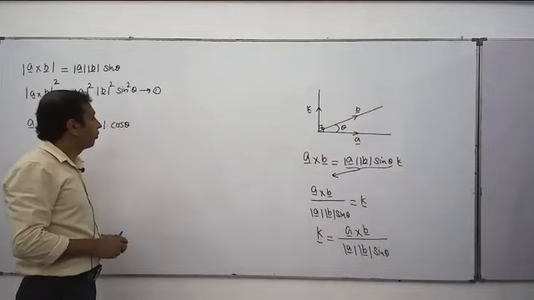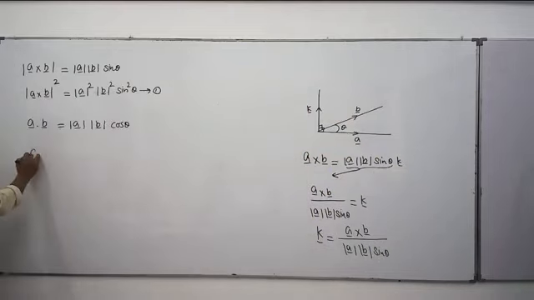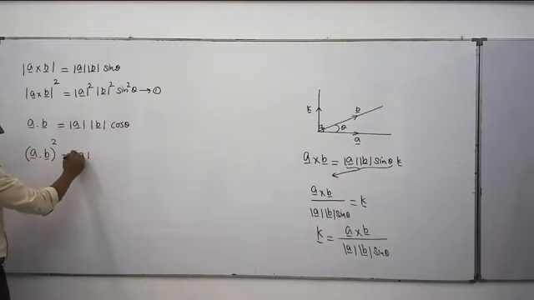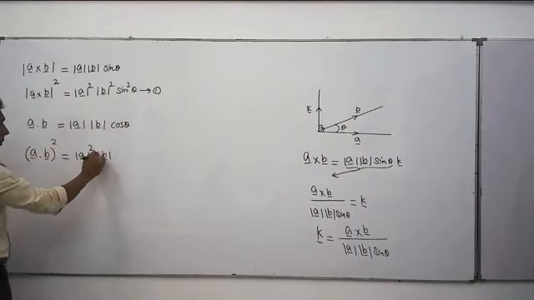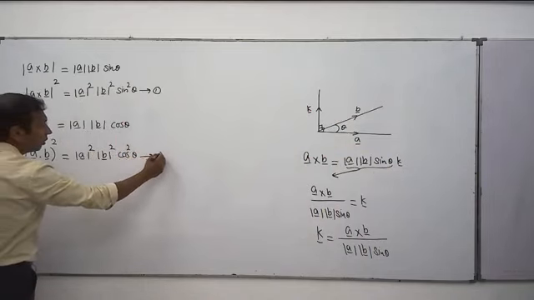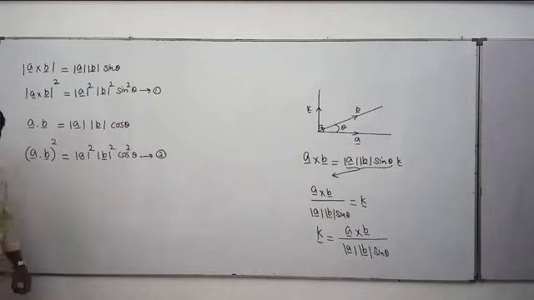Now, what is A dot B squared? Square this, square this, square this. Mod A squared, mod B squared, cos squared theta. This is number 2.